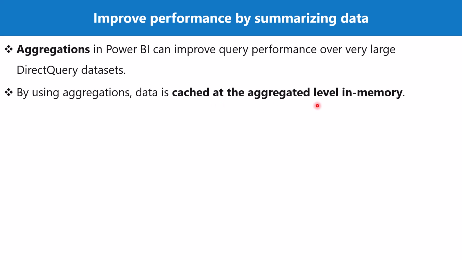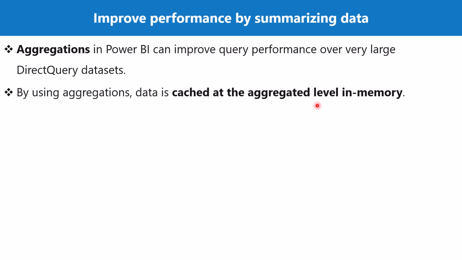So what you have is a fact table that is in the direct query mode, and you create new aggregated tables based on any categorical columns available in the fact table. But the aggregations that you do, and the tables created based on those aggregations, are stored in the data model in the import mode.